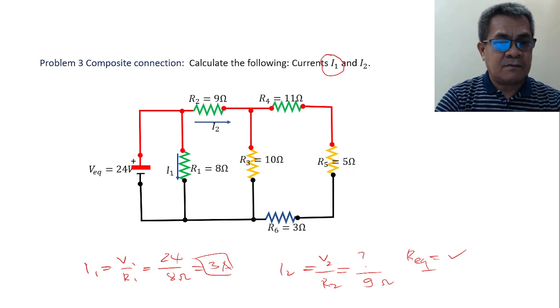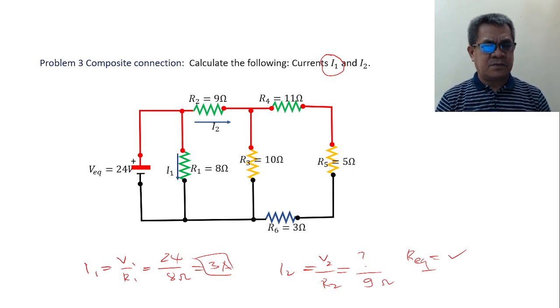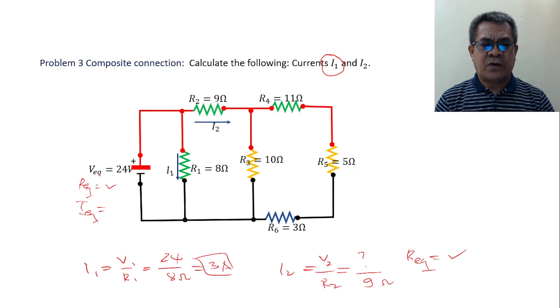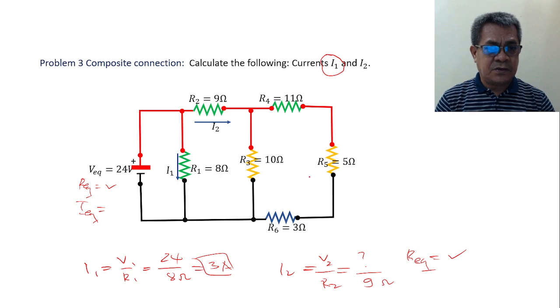So what's the advantage of that? If you know the equivalent resistance, then you can solve for I equivalent, because we have the equivalent voltage and the R equivalent, so I equivalent can be found easily using Ohm's law. But what is R equivalent? Of course, you have to combine everything.